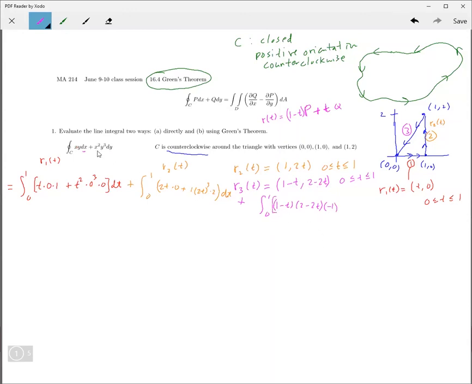And then for this piece, you have x squared, so that's 1 minus t squared times y cubed, so that's this cubed, times dy. And dy is -2, like that.